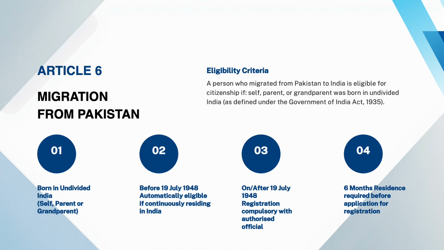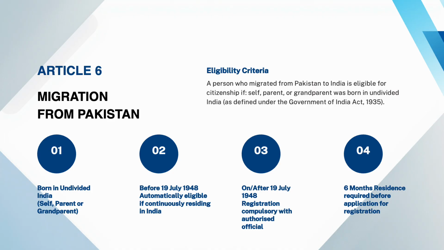So which means, as a rule, automatic citizenship applies, because technically everyone, 99.9% of the people, would have been born either in Pakistan, Bangladesh or India, right? Undivided India. So that's number 1, the eligibility criteria: if you yourself or your parent or your grandparent was born in undivided India.